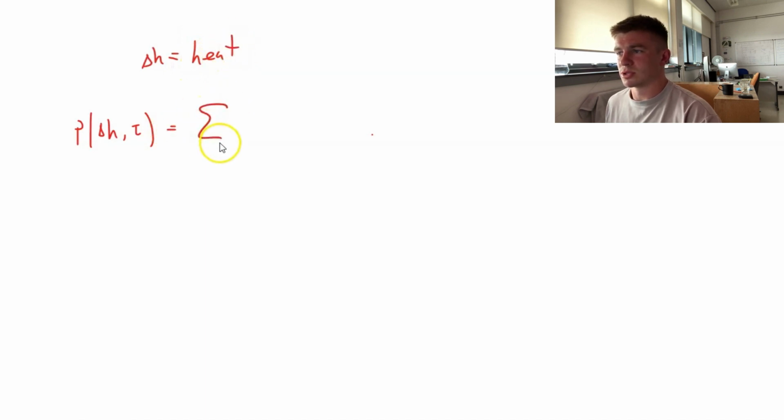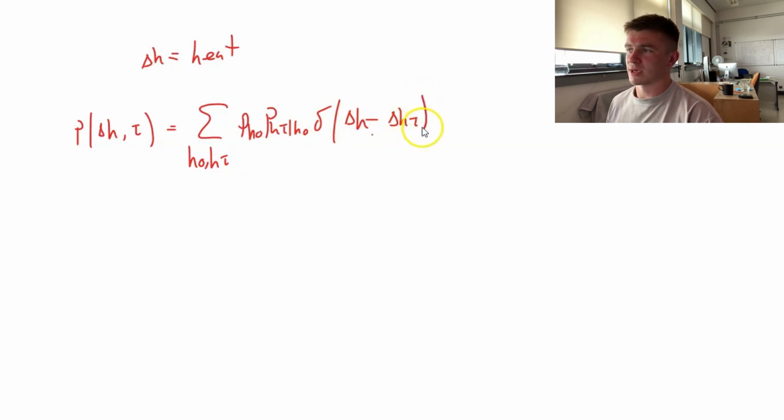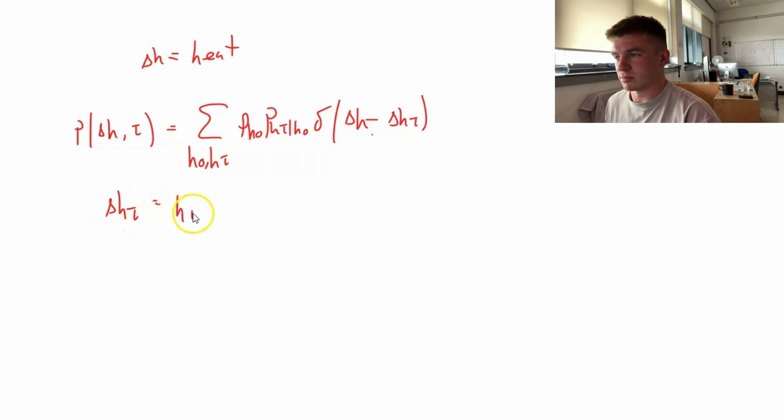And we said this was a sum over all possible outcomes of the first and the second measurements in the two-time measurement protocol of the probability of getting h0 for the first measurement and the probability of getting h tau given that we got h0, multiplied by this delta function centered at delta h sub tau, where delta h sub tau is simply the difference between the two measurement outcomes, h tau and h0.